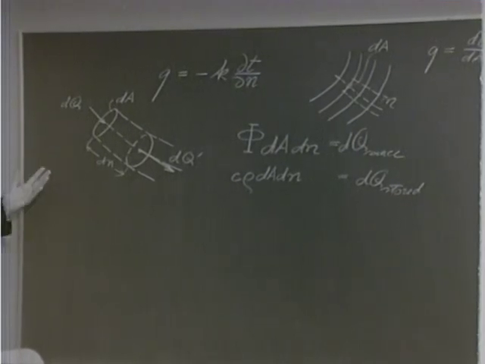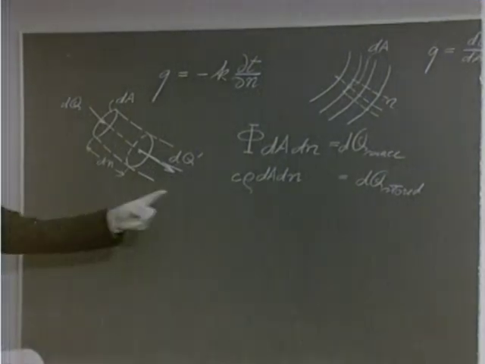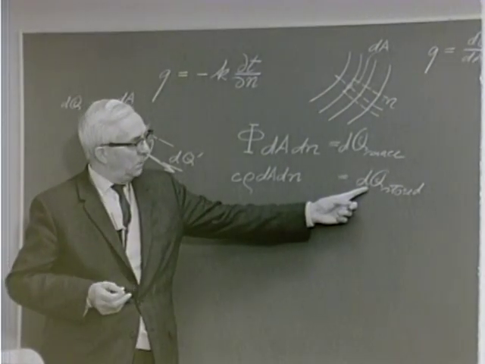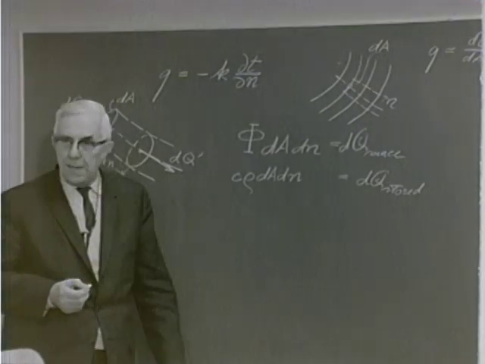Now, in reality, the temperature will rise by some amount which we do not know, by some amount dt. And we want to have the heat which is stored per unit time. So we want to have the temperature rise per unit time.